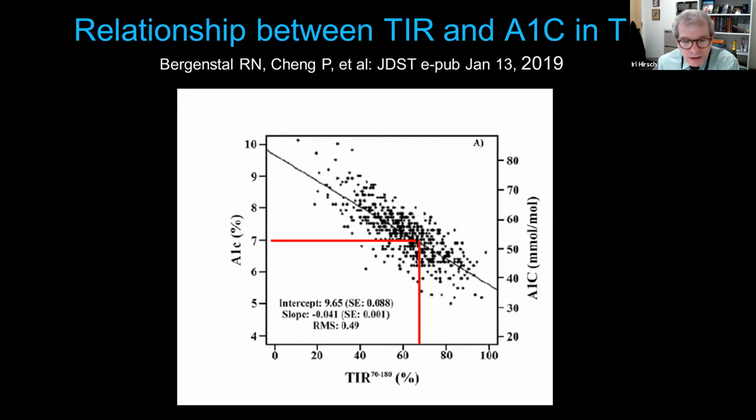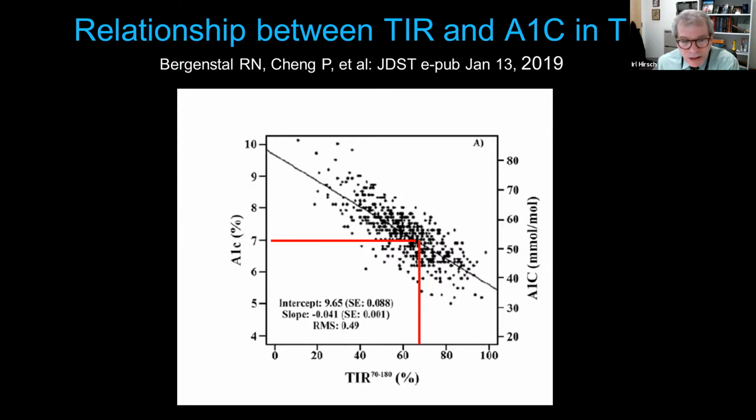We have shown that for more than 1 percentage point away between the GMI and the measured A1C is 31% of our population.